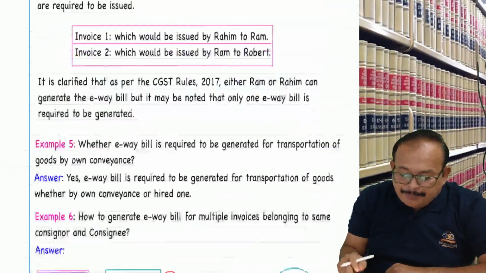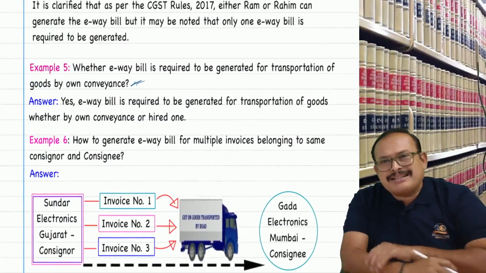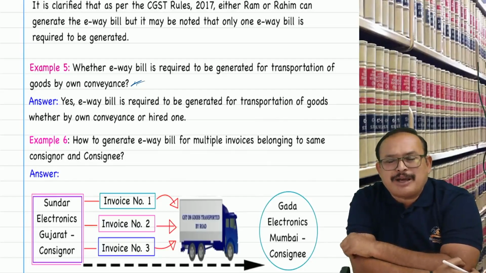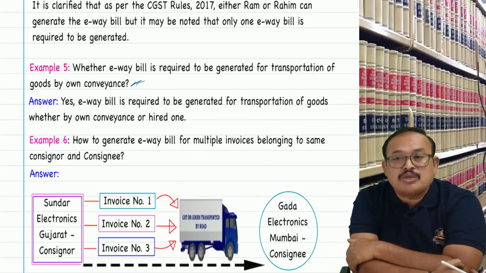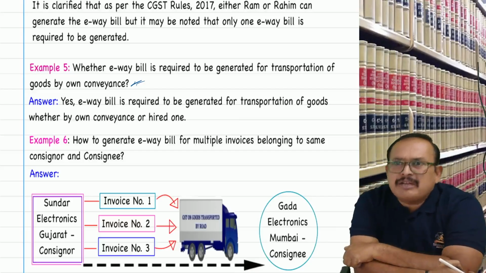Further, I have my own transport sending goods from the head office in Hyderabad to my branch office in Bangalore, at interstate level. The value of the goods is 60,000 rupees. My own truck. Is an e-waybill required?